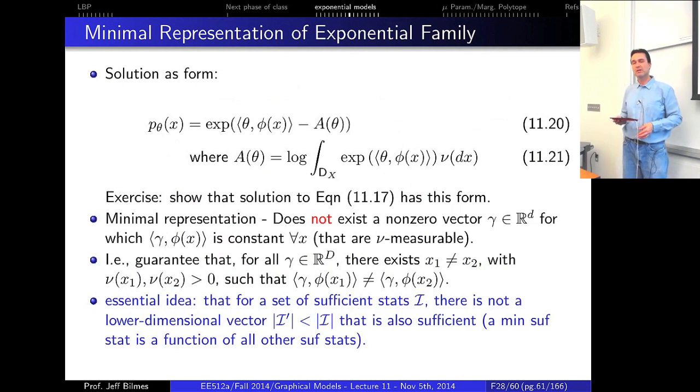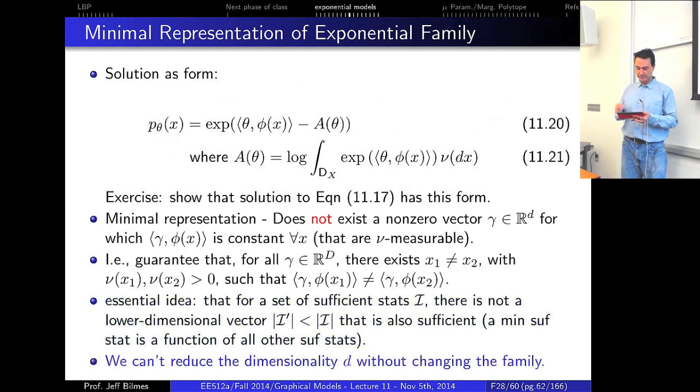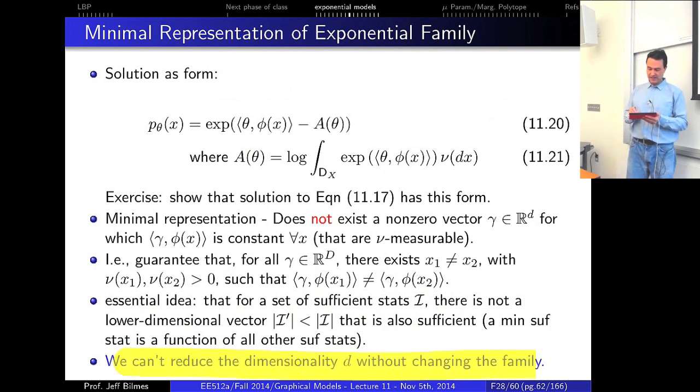There is no such I prime which is also sufficient. And sufficient essentially means that it's sufficient to define the probability distribution. You can add redundant statistics to a set of minimal sufficient statistics, and they can still be sufficient. It doesn't change the distribution. In other words, we can't reduce the dimensionality of the set of statistics without changing the family of distributions that we're talking about.